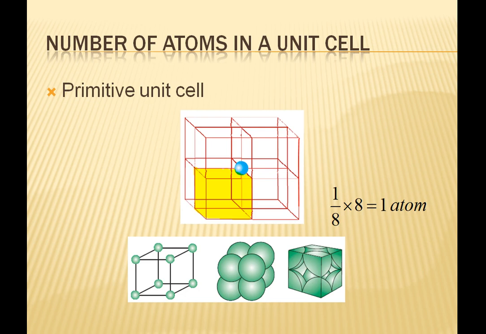In the diagram, you can see the yellow colored unit cell and a blue colored particle. This blue colored particle is shared by 4 unit cells of the ground level and 4 unit cells of the first floor. So, the contribution of this particle for one unit cell will be only 1/8.